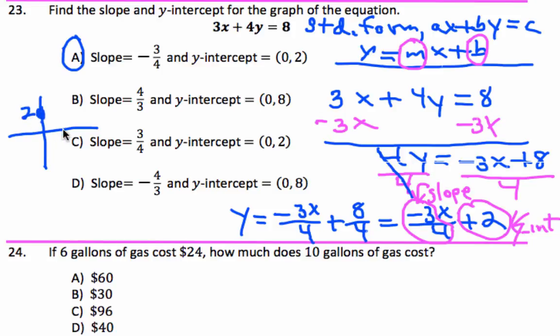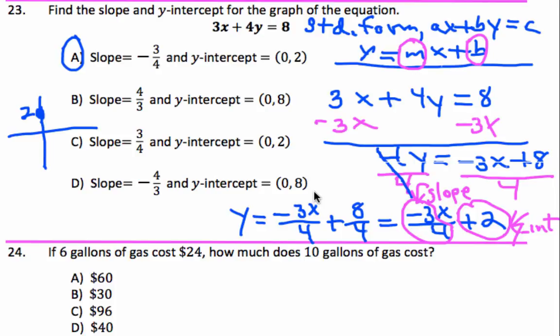So that is the y-intercept of 2. Now if you want to see why it was proper to break down this fraction into two separate fractions, I'll explain that to you right now. Otherwise, you can just go on to problem 24.